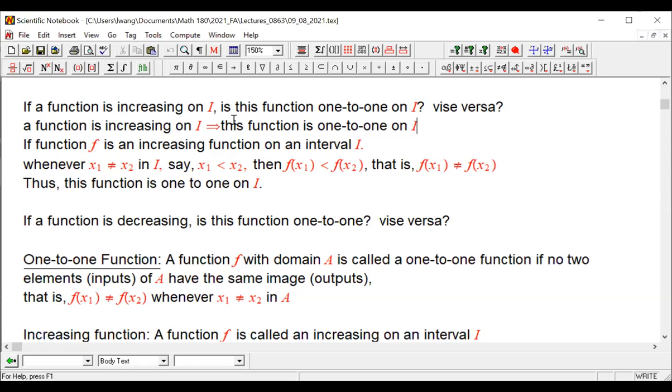If it's increasing, it's one-to-one. But what does it mean by vice versa? If it's one-to-one, is it increasing or decreasing?